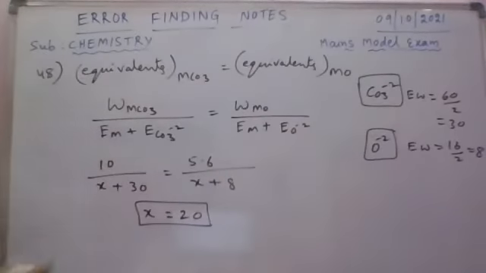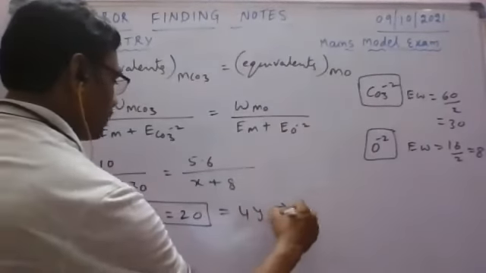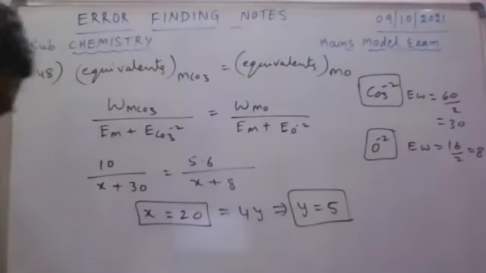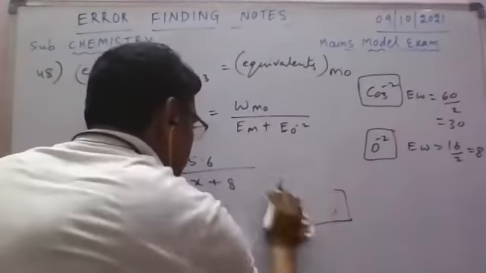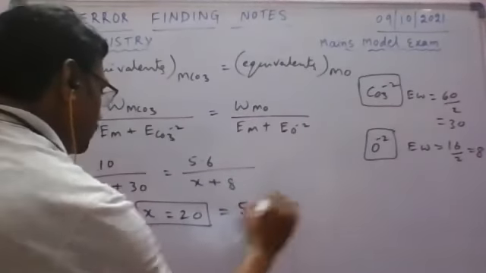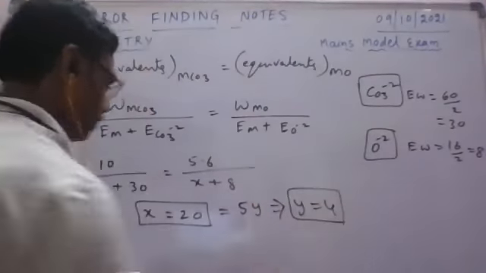That means the equivalent weight of metal is given as 4y. From this you get y is equal to 5. Sorry, here this is given as 5y. So y is equal to 4.